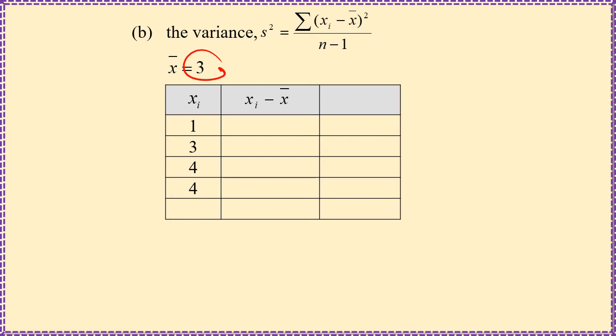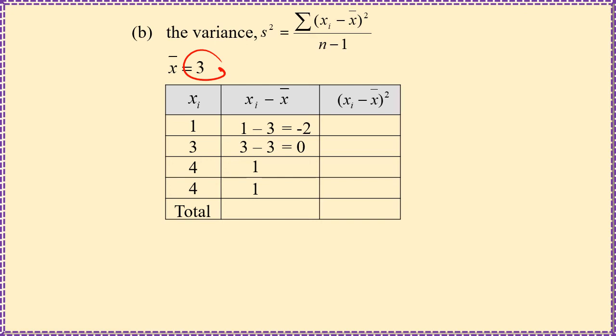The first data is 1 minus 3, which is equal to negative 2, and the square will be 4. The second data, 3 minus 3, is equal to 0. The third data is 4 minus 3, equal to 1. The fourth data also 4 minus 3, equal to 1.